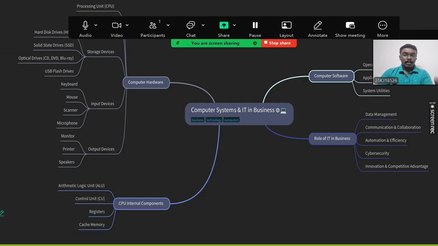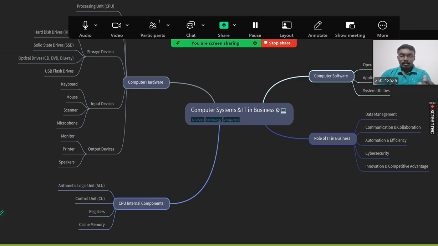It analyzes data, controls the computer's operations, and interacts with input and output devices. The CPU can be classified into the arithmetic logical unit, control unit, registers, and cache memories.